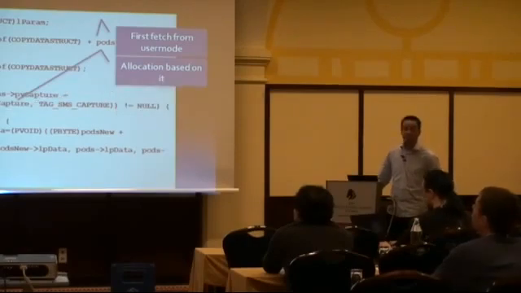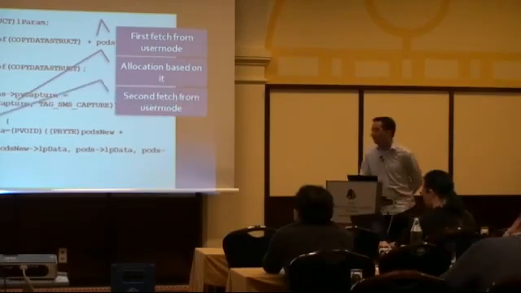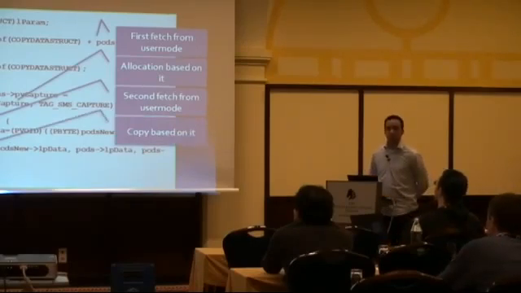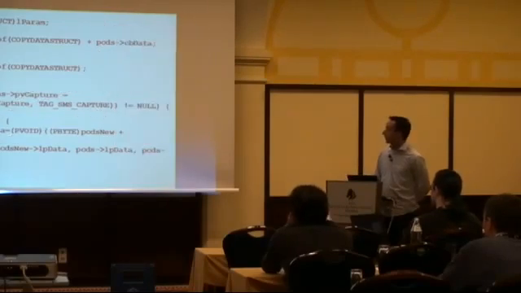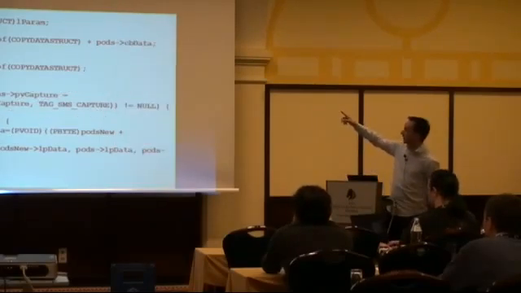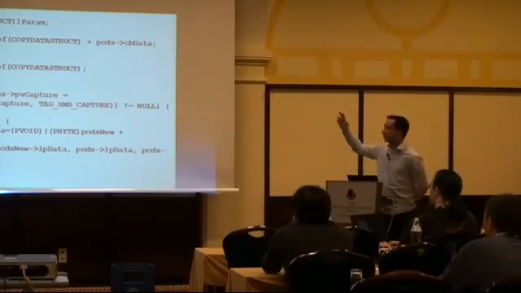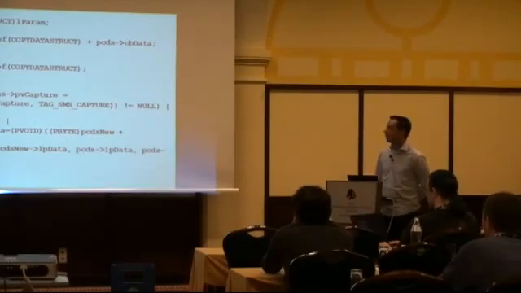First fetch, allocation based on that fetch. Second fetch, RTL copy memory. This is real Windows source code. So what we did for fixing this is basically grab the PCDS reference to CB data locally and change the dereferences to that local variable.